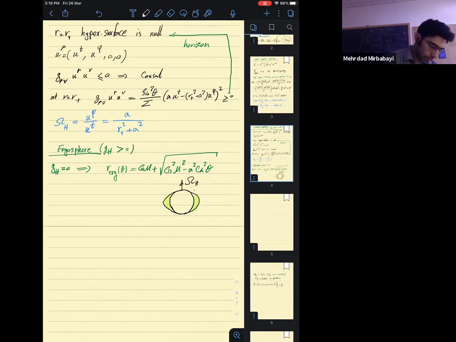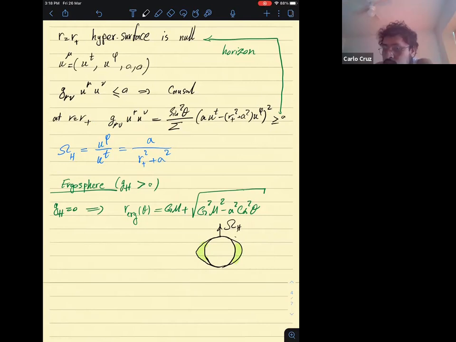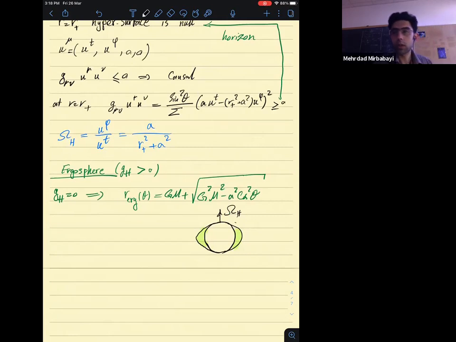So let us again look at the metric. What happens is that GTT in the ergosphere is larger than 0, but the only other component of the metric which has indefinite sign... let's again go back to the normalization of the four-velocity of the causal curves.